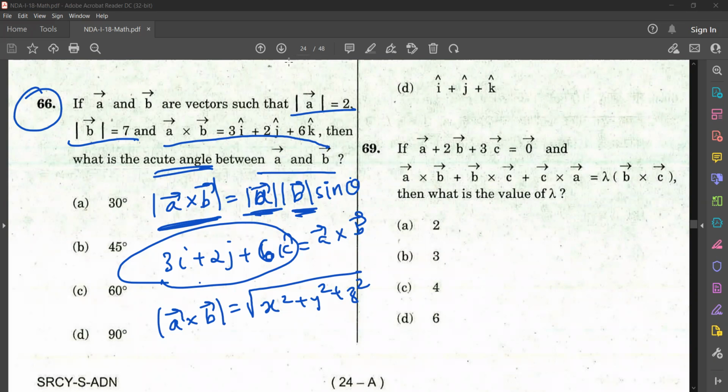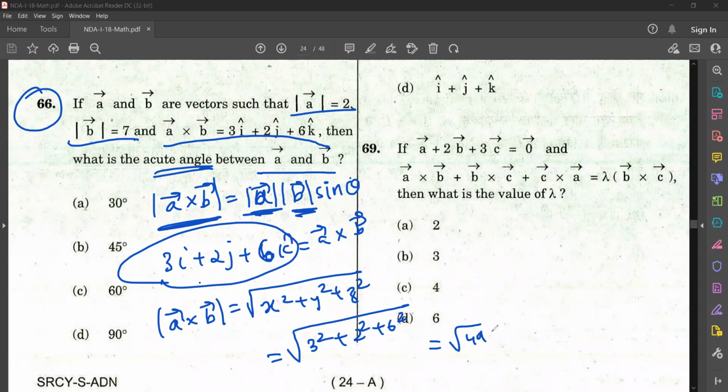So you will get the magnitude as root of 3 square plus 2 square plus 6 square. So what do you get? Root of 9 plus 4 plus 36, so I'll be getting root 49.